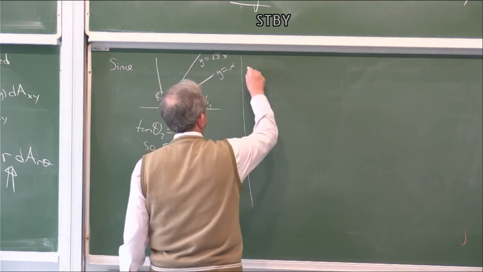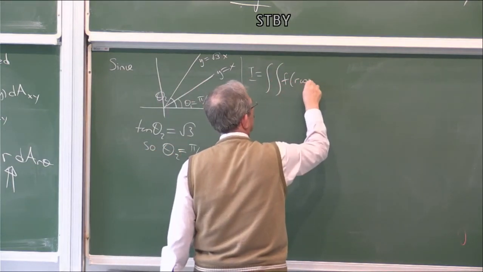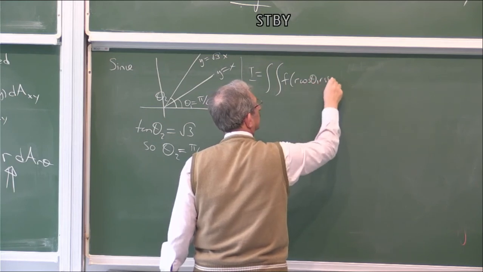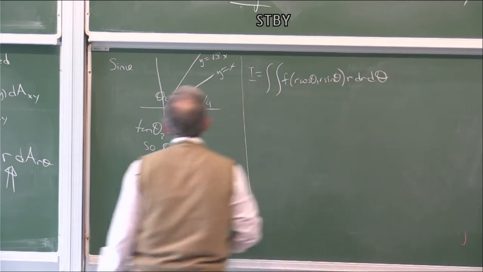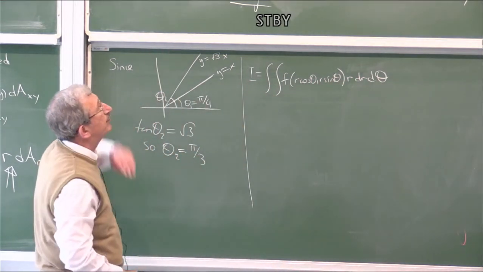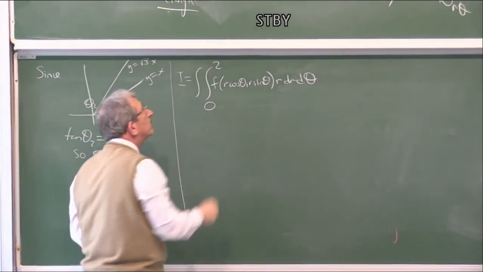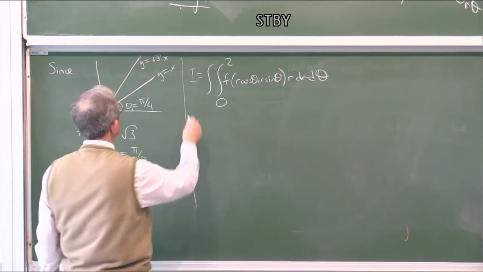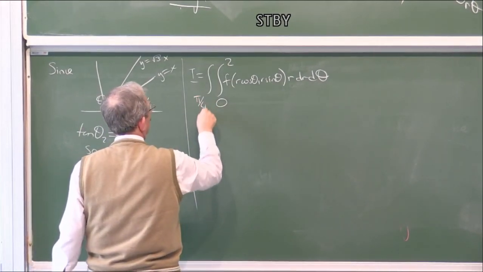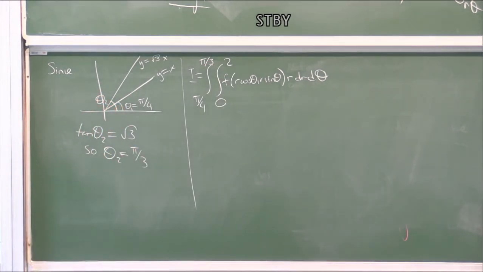Thus, I becomes the integral of f(r cos θ, r sin θ) r dr dθ. R changes from the picture directly, 0 to 2, but these are curves. And θ changes from π/4 up to π/3.